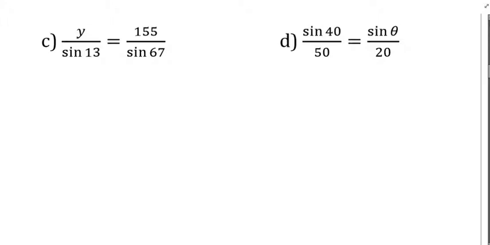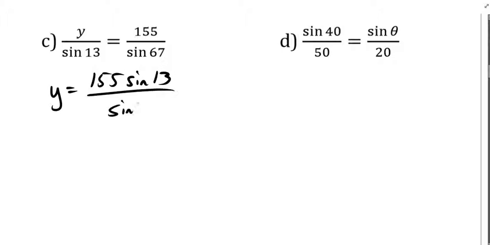All right, how many people got C done? Okay, let's see what we got. So you should get this. Y equals 155 sine 13 over sine 67. Is that good so far? Right, move that over. Not looking for an angle. It already has sine of 13 and sine of 67, so I can just put it straight into my calculator like that.